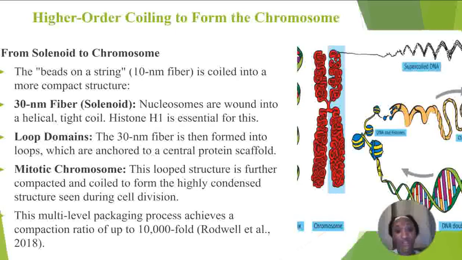In the mitotic chromosome, the loop structure is further compacted and coiled to form the highly condensed structure seen during cell division, as you can see in the image to the right. So the multi-level packaging process achieves a compaction ratio of up to 10,000 fold.